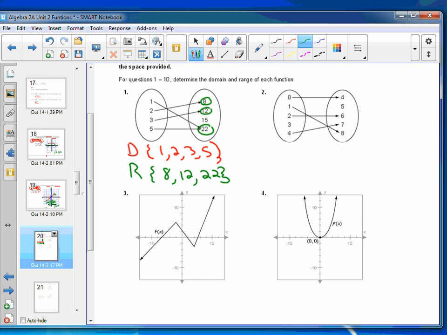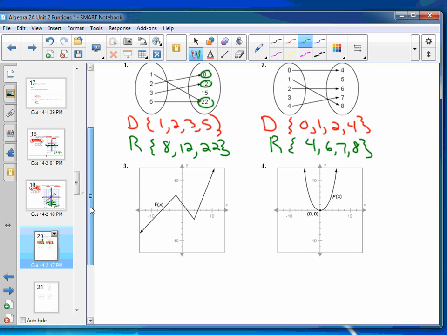Exactly, there's not a line going to it, so you don't put it in. So make sure over here when you list the domain that you only include numbers that have arrows going from it. So the domain is 0, 1, 2, and 4. And the range would be the set 4, 6, 7, and 8. And most students are like, easy, got that down, no problem.